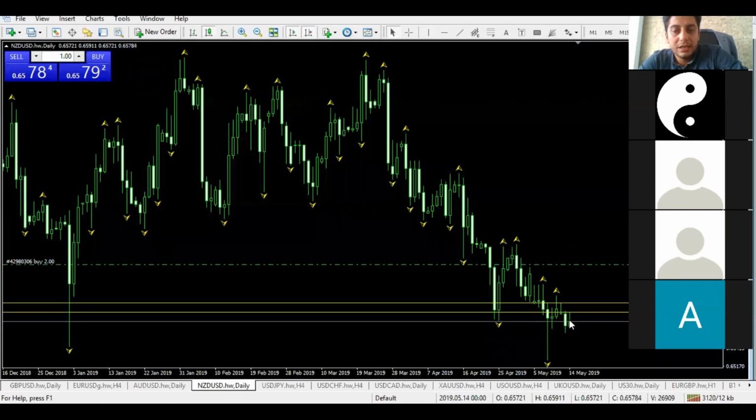Here you see the candle has shadows and the body is large as well, but the longer shadow is on the bottom. When it has a longer shadow at the bottom, you shouldn't expect the price to drop.